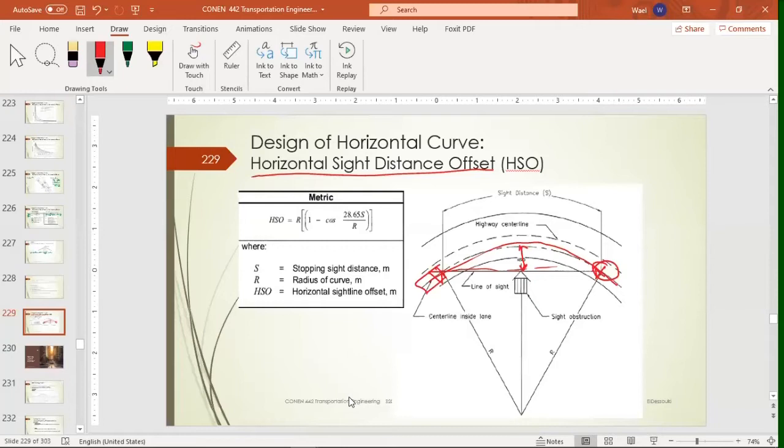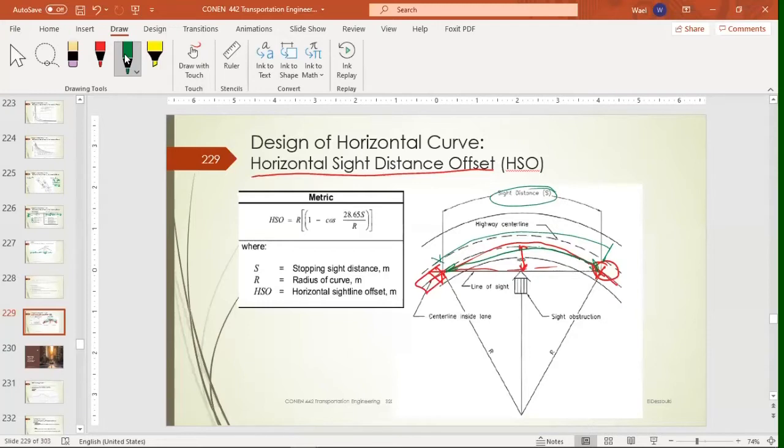So basically the length of this arc is the side distance.